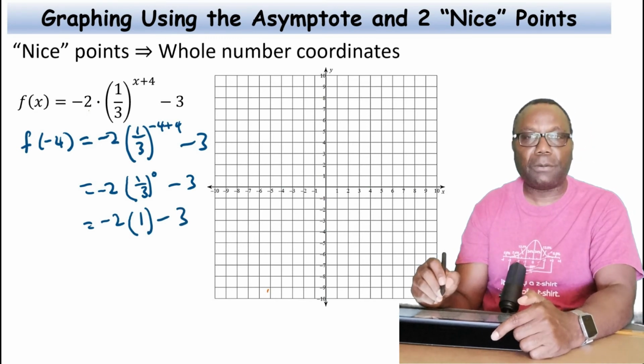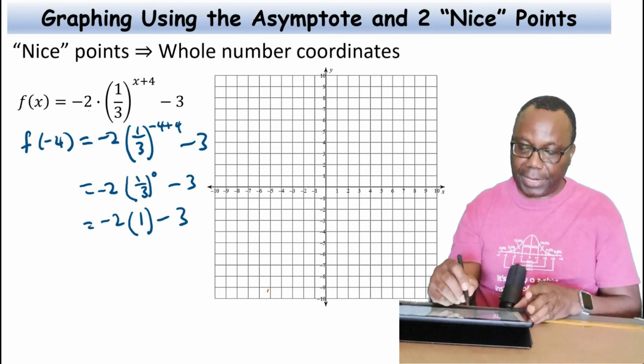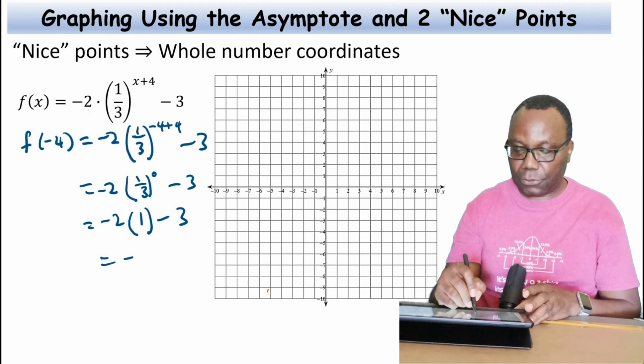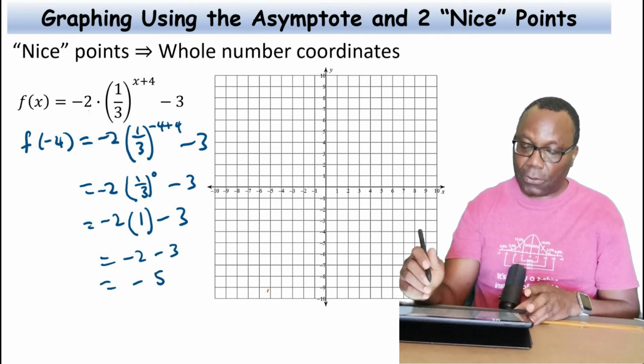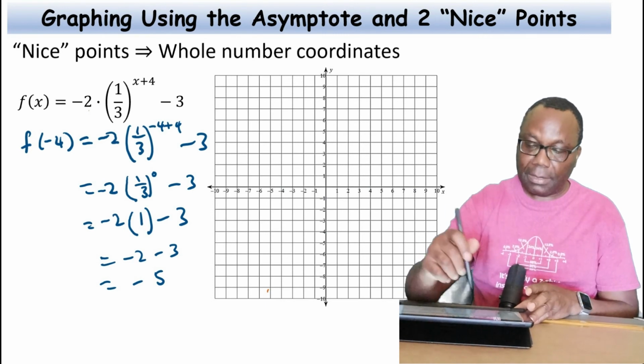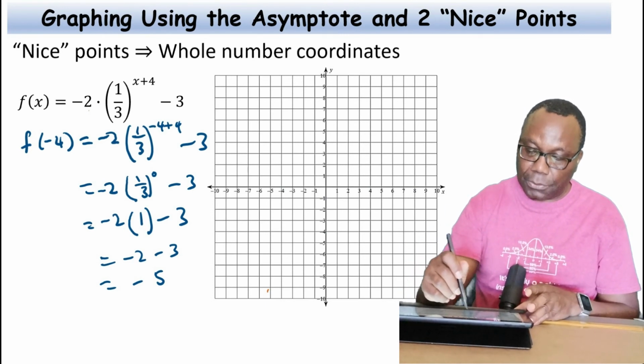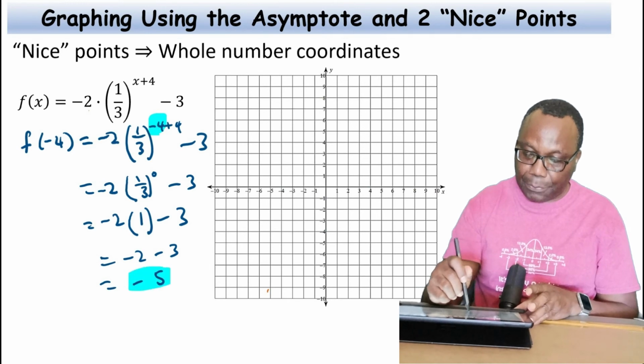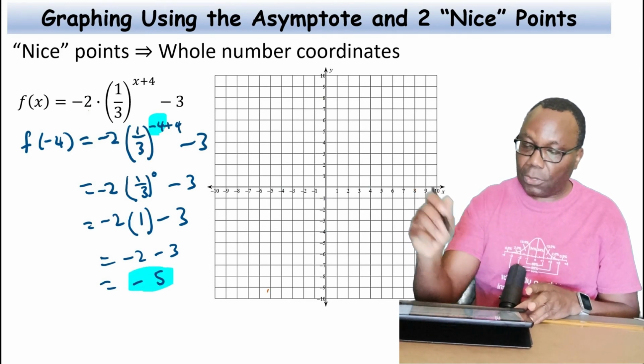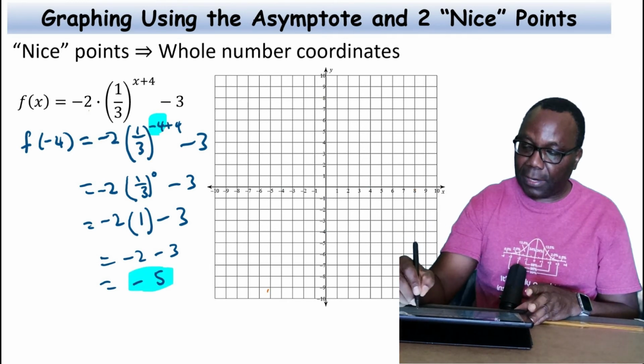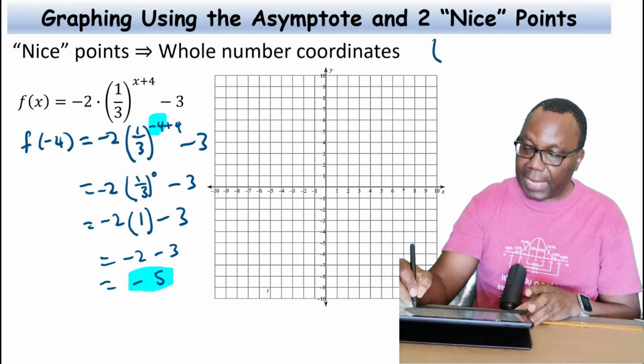Now I'm going to do order of operations. -2 times 1 is -2, minus 3, and the answer is -5. Okay, so I got 1 point. Remember, if I use -4, I will get an output of -5. So my point is (-4, -5).